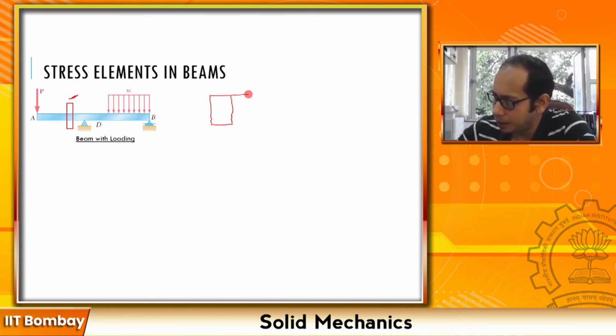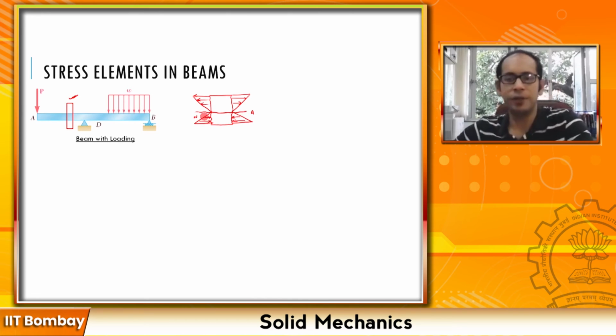This is my neutral axis, and on this side also I will have a similar profile of stresses. If the top is in tension, the stresses act like this, and the bottom is in compression, and here also the top is in tension and the bottom is in compression, right?